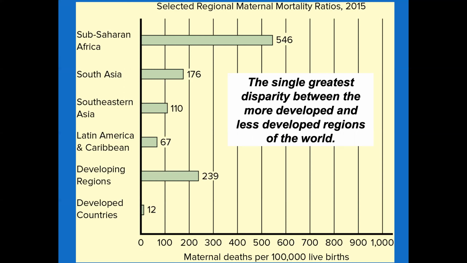So basically, if you live in the developed world, say the United States, Canada, Europe, and if you're a pregnant woman, chances are anything that could potentially kill you during pregnancy can be addressed. But in parts of the world that are not developed, you may not be able to have access to that hospital who might be able to run that very specific test to let you know something is not quite right.